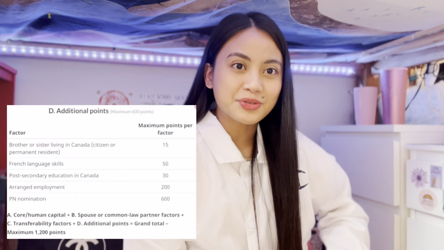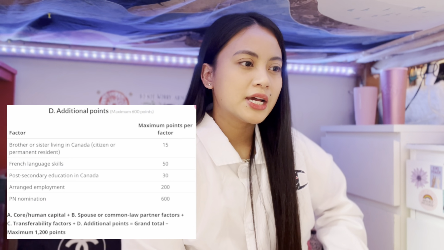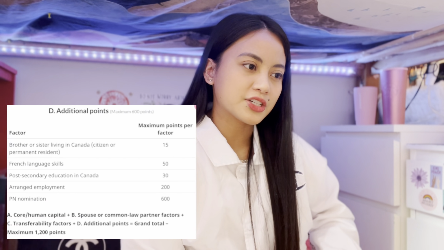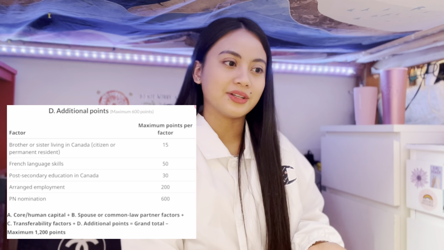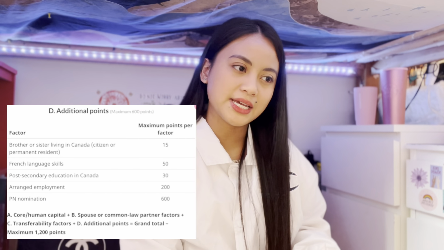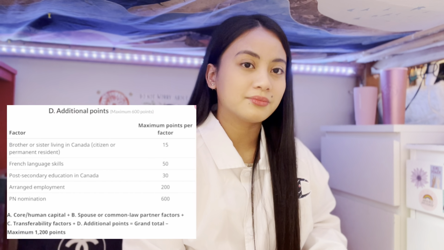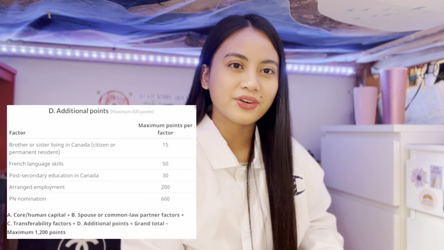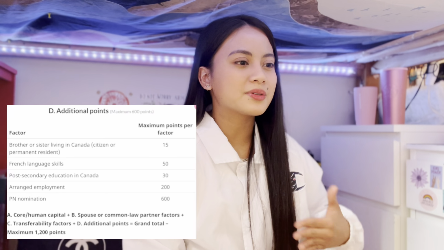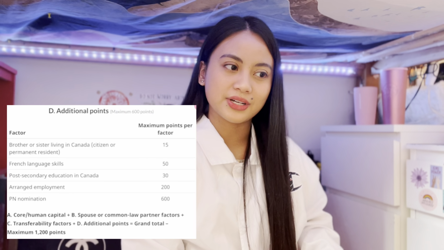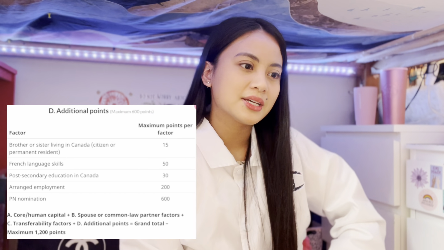But there is the last one, which is the additional points. So as we can see, there are factors. If you have a brother or sister living in Canada, then you'll have 15. If you have French language skills, then you'll have lots of points for that, which is 50. And then post-secondary education in Canada, 30. Arranged employment, 200.